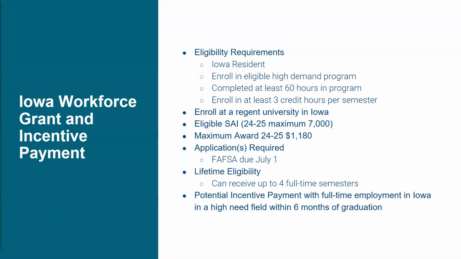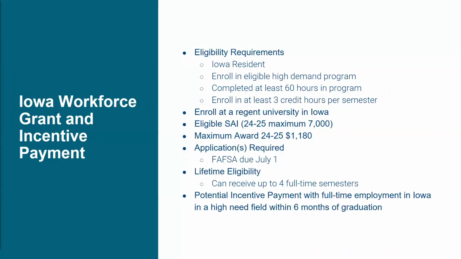So this one is just for UNI, Iowa State, and University of Iowa. Your student aid index would need to be below 7,000, and the maximum award is $1,180 this current year. To apply for this, you just need to have the FAFSA done by July 1st, and you can receive it for up to 4 full-time semesters.